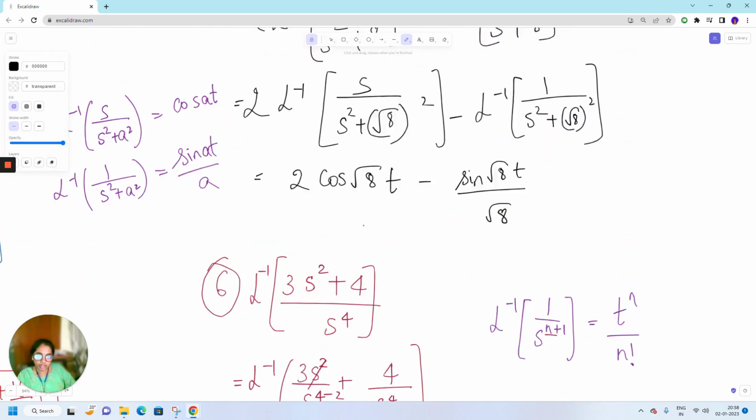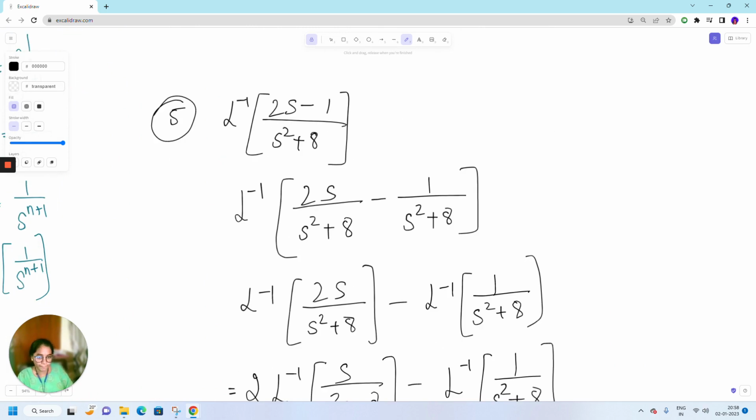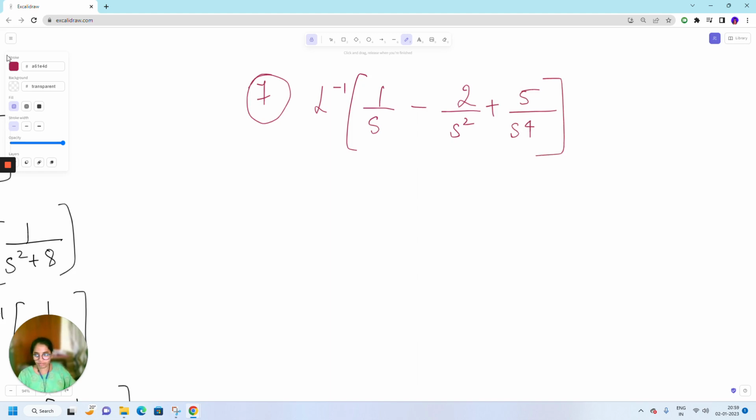Okay, let me take down one more question. Find the Laplace inverse of 1 divided by s minus 2 divided by s square plus 5 divided by s to the power 4. Let me write down the formula first.